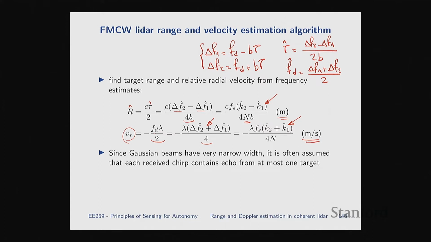Again, the main assumption we made here is that because the Gaussian beams are very narrow, we assume that each received chirp contains echo from at most one target. Or in other words, when you do these two FFTs, each of them has at most one peak in it. It can have no peaks if there was no return, but we are assuming at most one peak.